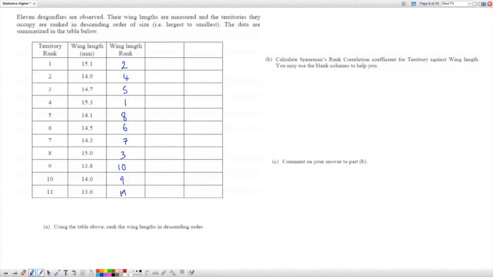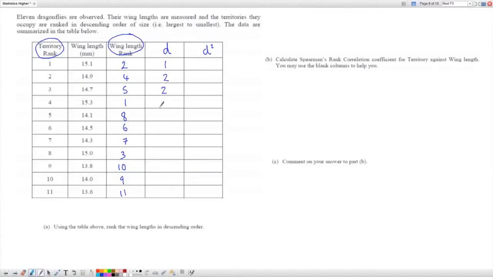Now we're asked to calculate Spearman's rank correlation coefficient for the territory against wing length. We're provided with 2 further values. For this, we must first find the difference and then square the difference. The difference we are looking at here is between this rank and this rank here. So here we have a difference of 1. From here to here, we add 1. Here, 2.